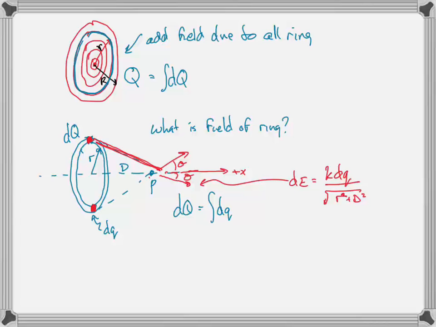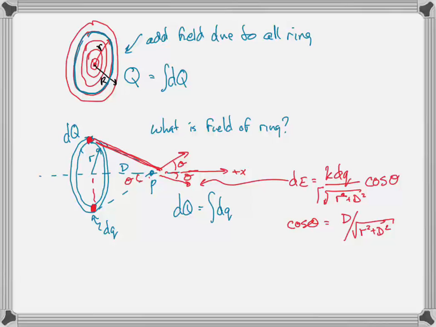So you can see that when you add those two vectors, the vertical components, the y components, cancel, and the x components add, and that's going to be true for every pair of points on the circle, so all we care about for any of these dE's is the component in the x direction, which is the magnitude times the cosine of theta, where cosine theta is adjacent, which is d, over hypotenuse, which is the square root of r squared plus d squared.